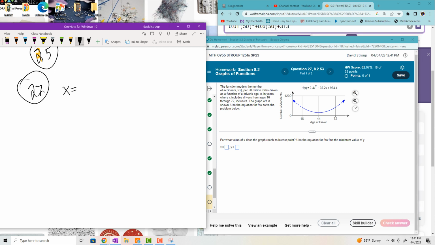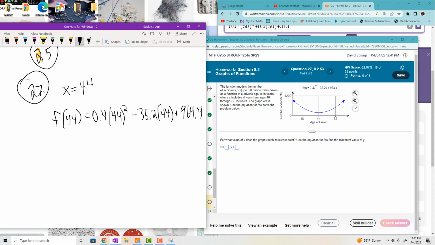Well, you're just going to use the function f of x. So you're going to plop 44 into f of x. It'll be 0.4 times 44 squared minus 35.2 times 44 plus 964.4.